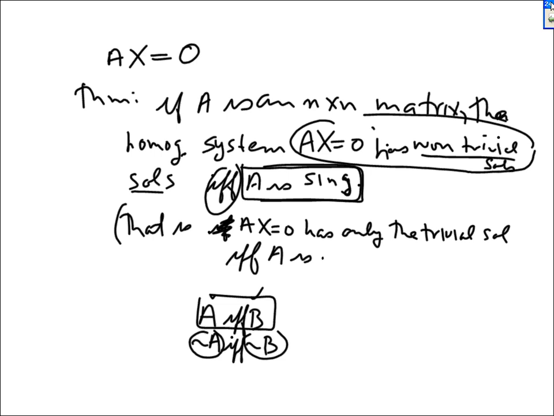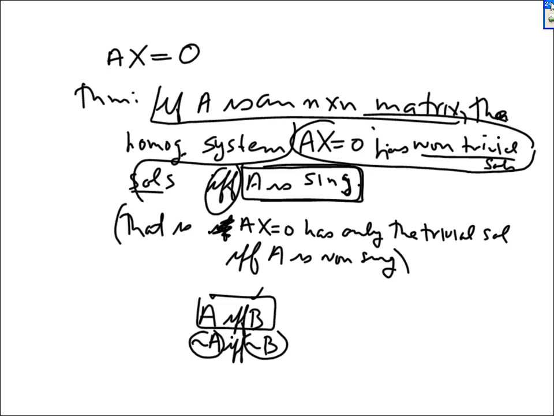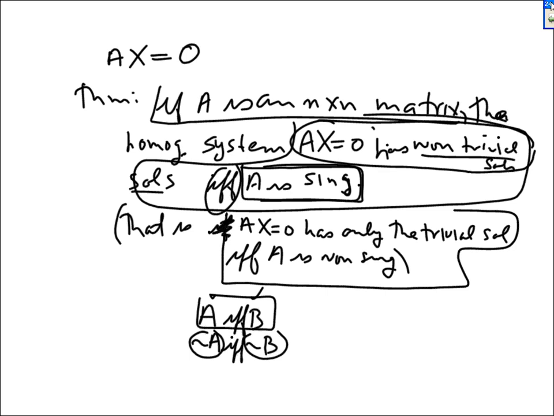That is, A is non-singular. The theorem up here, we're assuming that A is an n by n matrix. This theorem right here, AX equals 0 has non-trivial solutions if and only if A is singular, is 100% equivalent to this one.